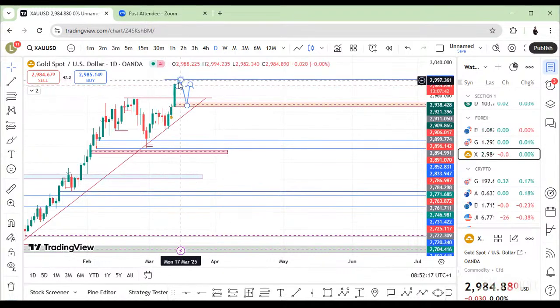And now we expect gold to be repriced to some level of discount before it continues this bullish trend, if it is going to.